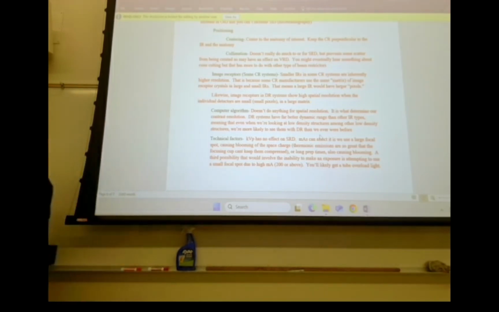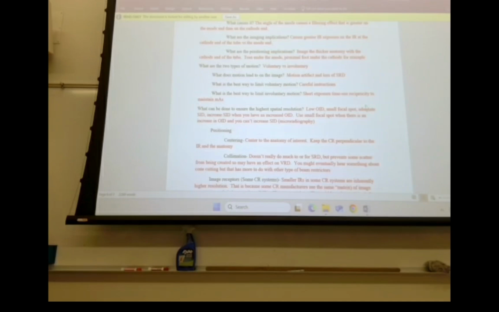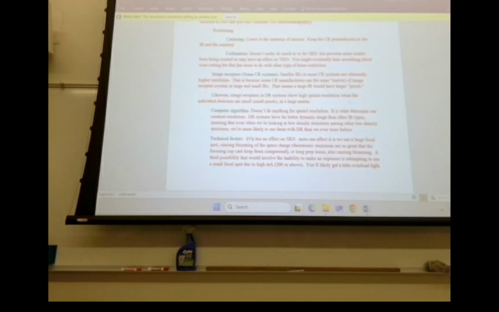Well, I propose we start at the bottom and work our way up, because there are some things that I didn't think to talk about very much, and some things that kind of bleed over into the next section. So, your contrast and density is really controlled by your computer algorithm now.